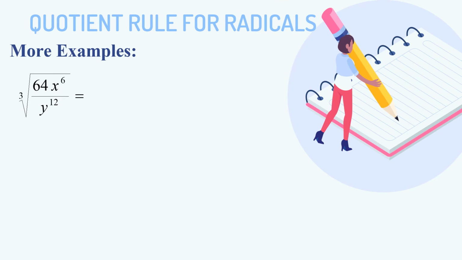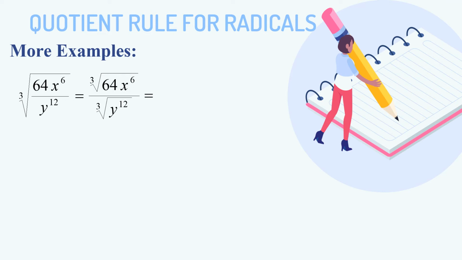Let's make more examples where we can apply the quotient rule for radicals. And here we have the cubic root of 64x to the 6th power over y to the 12th. So by using the property, it will be the cubic root of 64x to the 6th over the cubic root of y to the 12th. In this case, I notice that these expressions can be simplified, they are exact. The cubic root of 64 is a perfect cube.